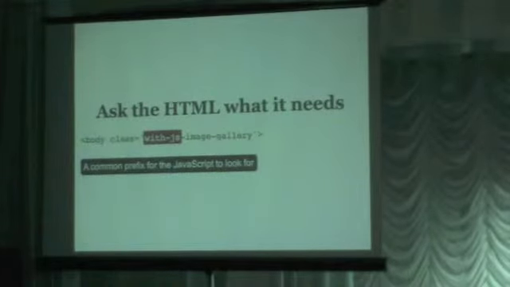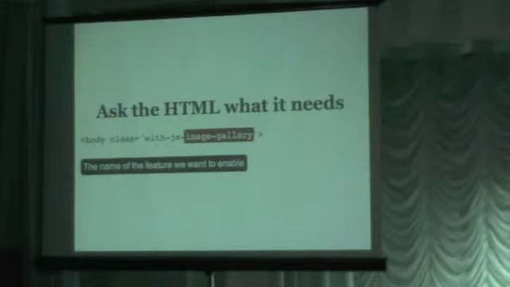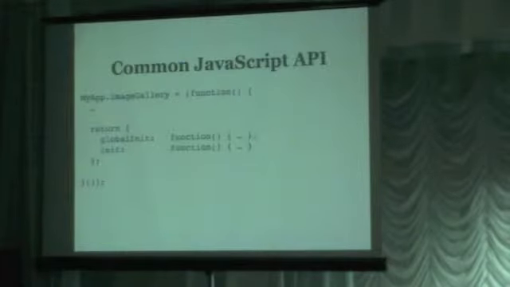So we have a common prefix which is with JS, and then next we have the name of the feature that we want to enable. So on this particular page we're saying this is a page with a JavaScript image gallery, and then we don't have to bother running our initialization code for any of our other bits of JavaScript. This is really helpful for debugging. If I view the source of this page, I instantly know what's getting turned on and what isn't.